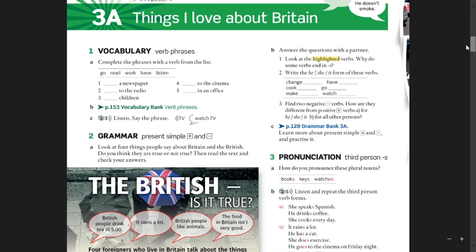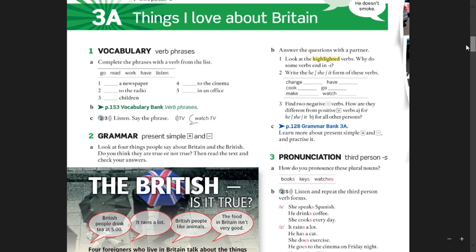Then let's do the grammar part, okay? You have to read this text and you have to answer the question, okay? You have to pay attention to the highlighted words, the highlighted verbs. When or why do some verbs end in S? Okay, so you have to answer that question yourself.